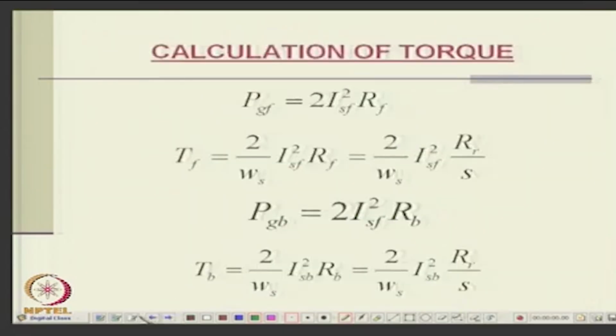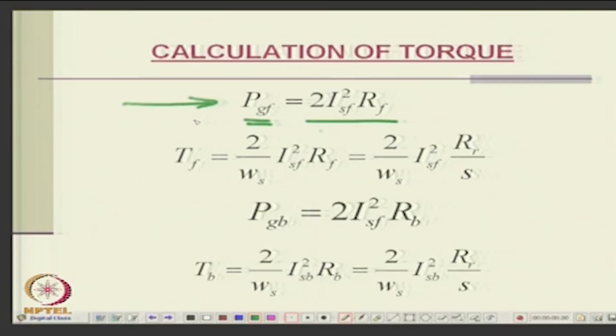Now, having solved that equivalent circuit, you need to calculate the torque, is not it. So, it is very easy because you have PGF, that is the power fed to the forward field into the rotor, which will be twice ISF square RF. RF is the resistive component of ZF.